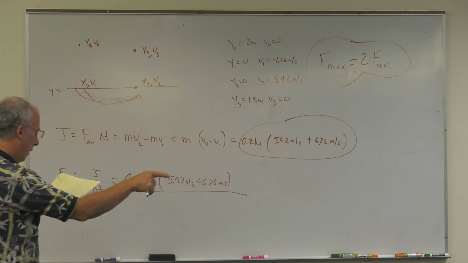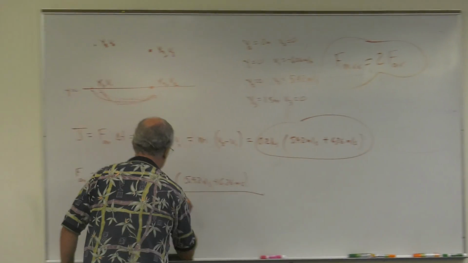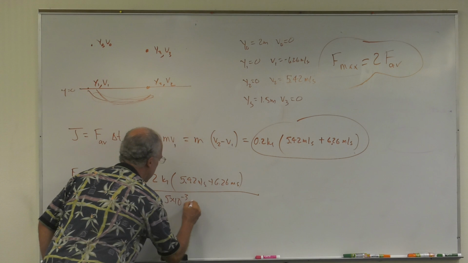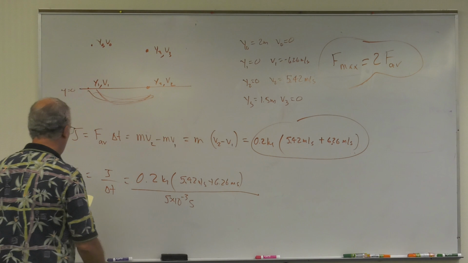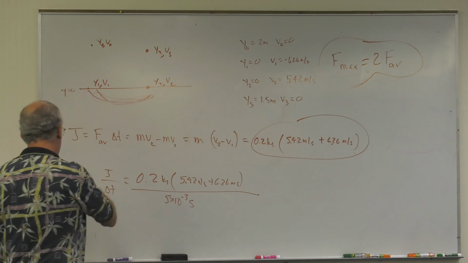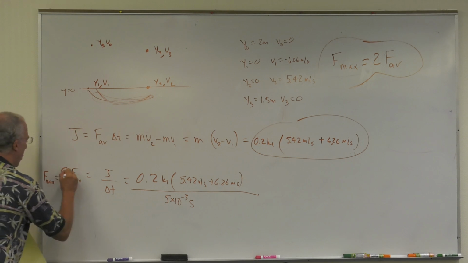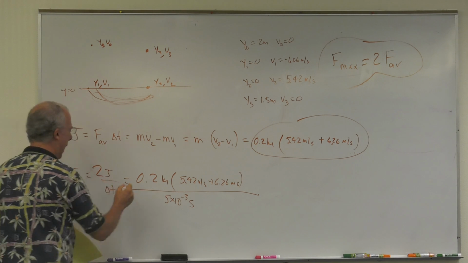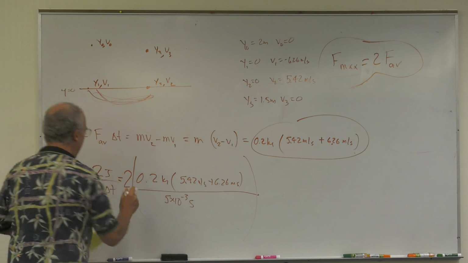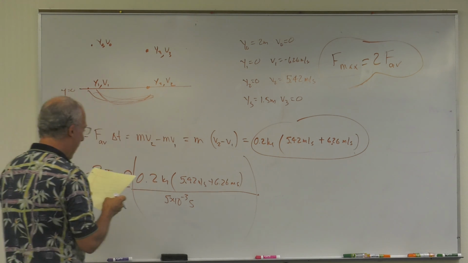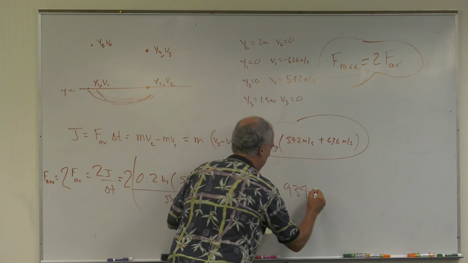What's delta t? 5 milliseconds, so 5 times 10 to the minus 3 seconds. That's F average, but what we really want is F max, which is twice that. You do that, and I promise you, you get 934 newtons.